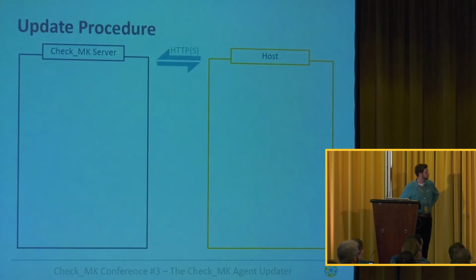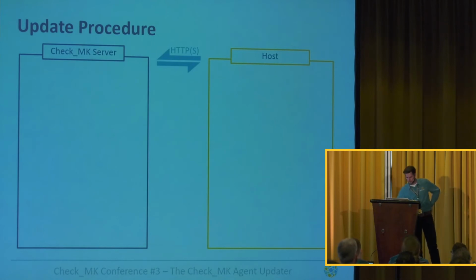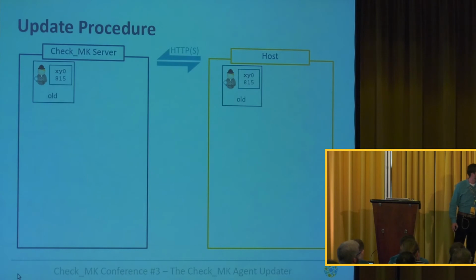So what's happening when it's operating? Okay, so we have our checkmk server and the host. We now have a situation where we have an agent installed on both sides.